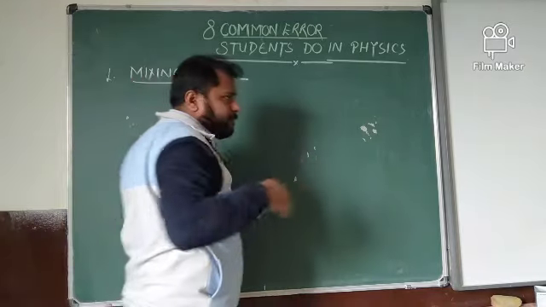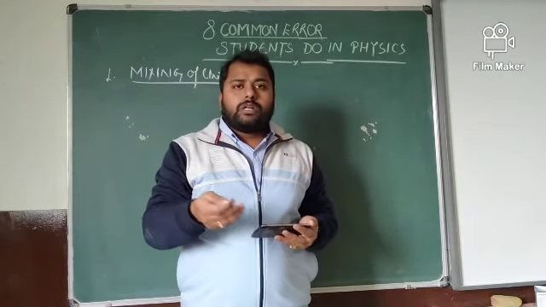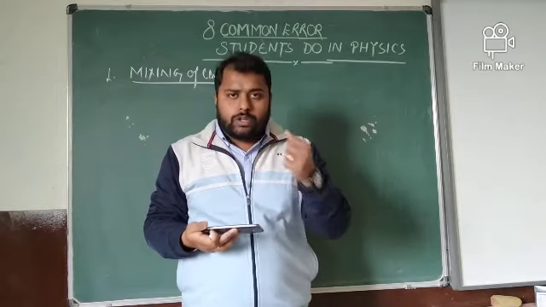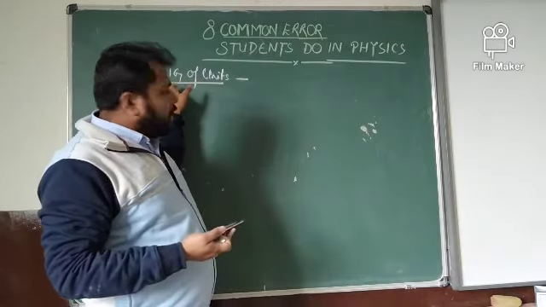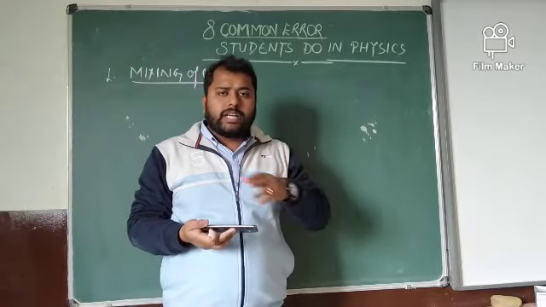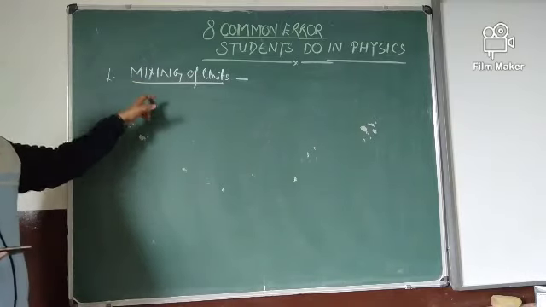Generally, what I have observed in your classrooms, in your homework copies, and in your pre-board copies is that you just avoid the units. That is the second point, which I will come to later. But what I found is mixing of units.